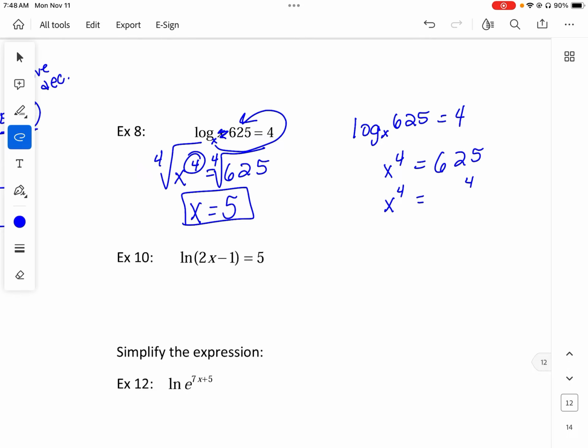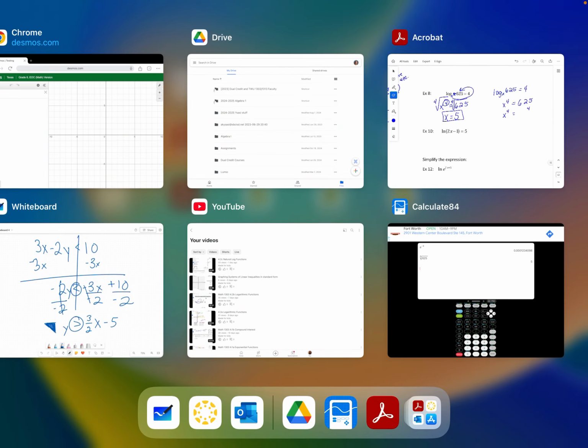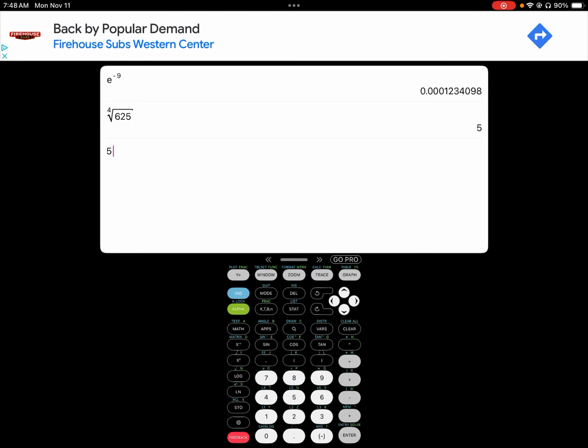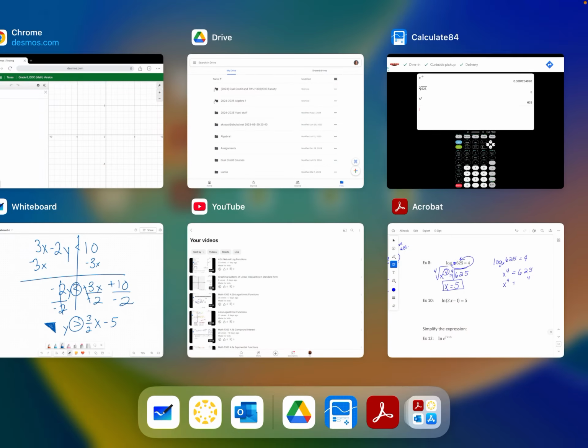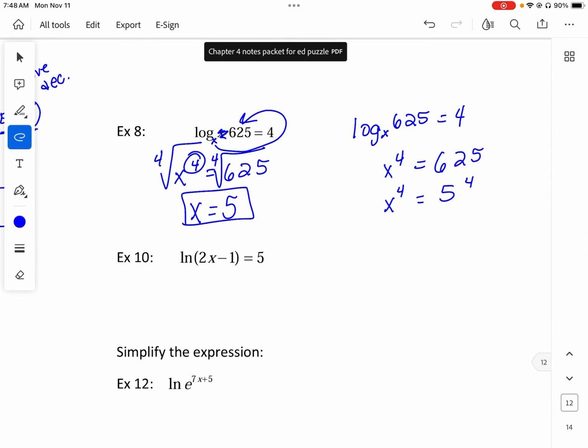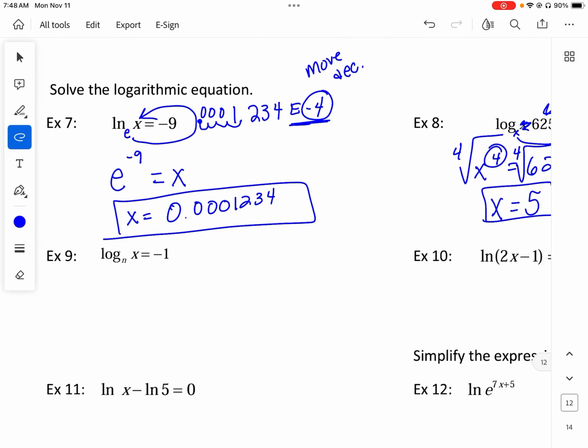Let's see what 5 to the 4th is. 5 raised to the 4th is 625. So we're able to say 5 to the 4th, which means x is 5. So that's 2 different ways of solving it. All right, let's go to the next one.